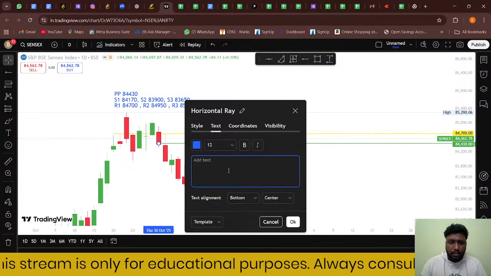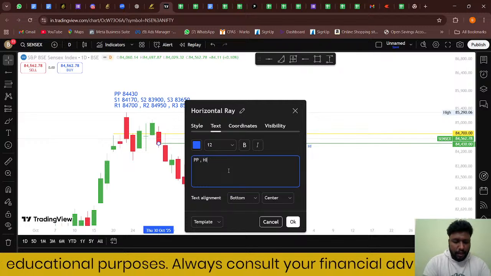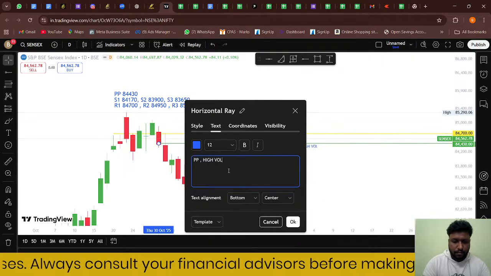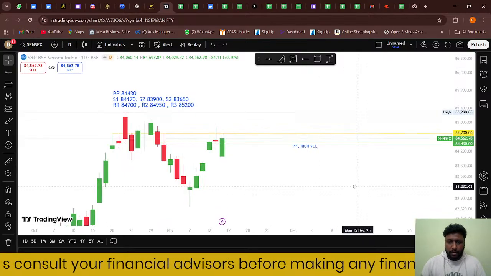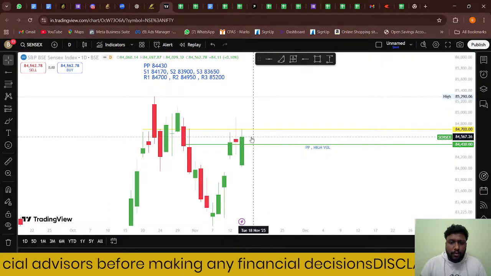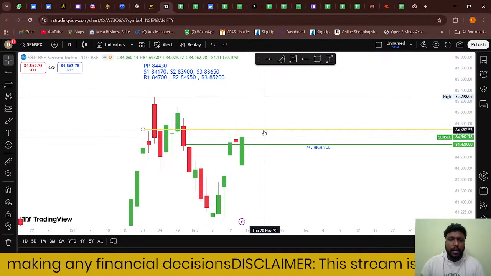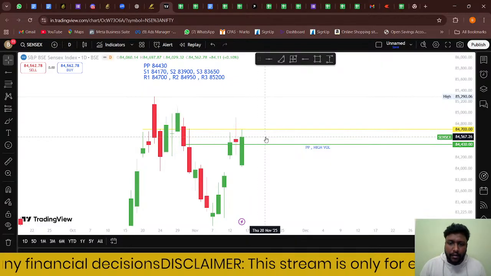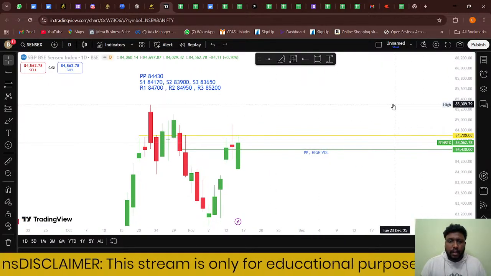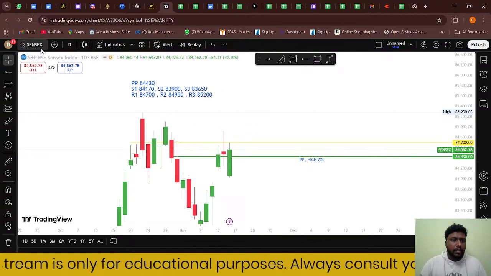This is our pivot point PP, and we need high volume to validate this line. High volume is required. So it is already trading above this. If any movement happens above this, if it is sustaining above this particular pivot line, then definitely we can ride up to the R1, or you can plan a trade from the R1, keeping your pivot line as a support zone, and you can plan a trade from here as well with respect to the opening.